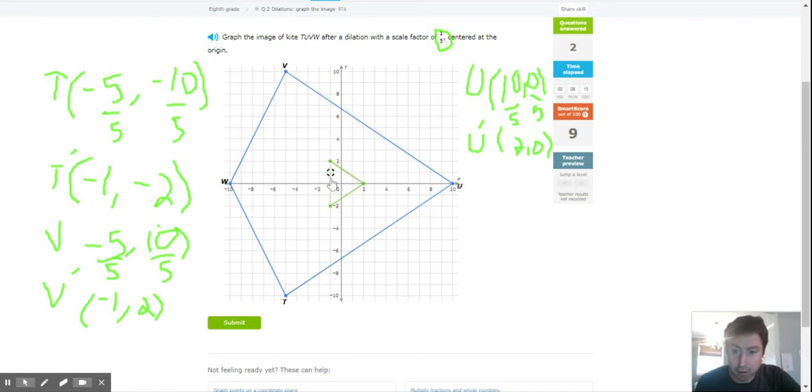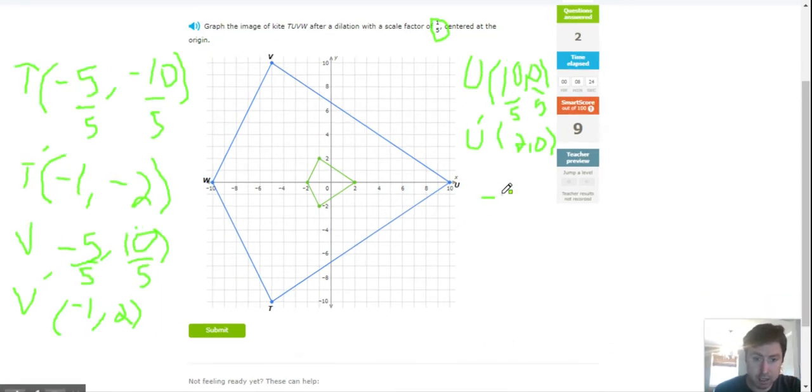Now you can eyeball this, and you're able to then find W, but let me just show you how you find W doing the math way. W's point is -10, that's your x, and 0. Now you're going to divide both those numbers by 5 because that's our scale factor, 1/5.